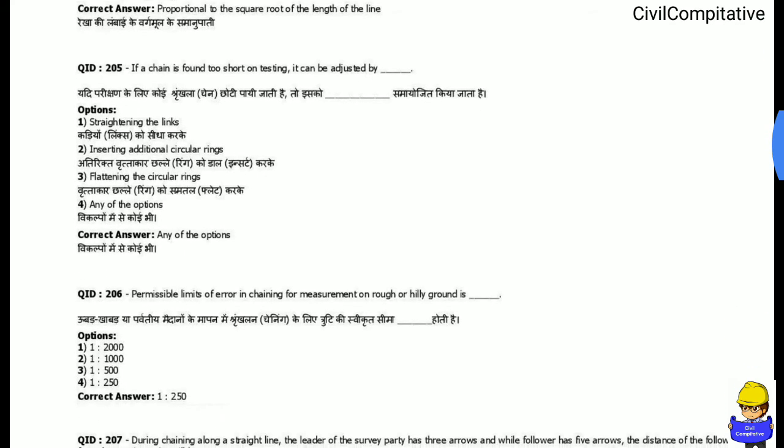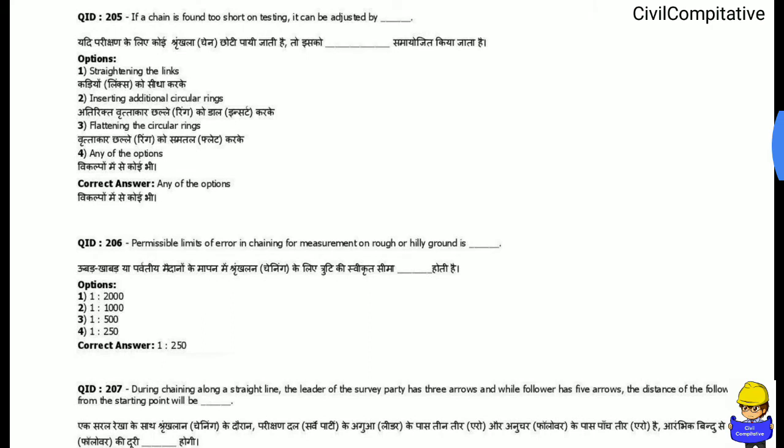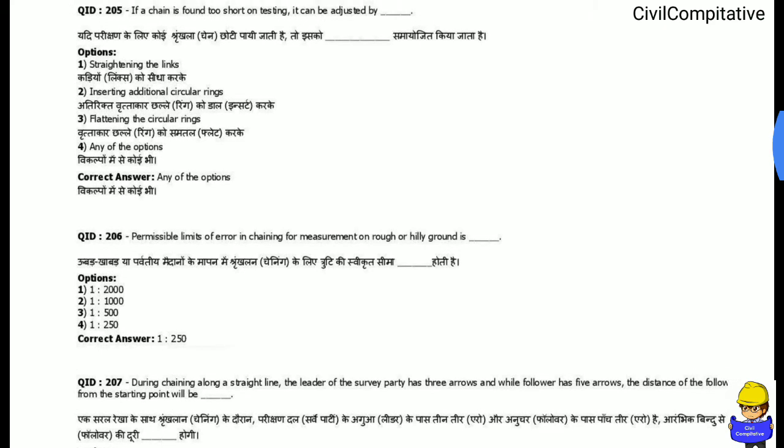The next question is: if a chain is found too short on testing, it can be adjusted by what? The options are straightening the links, inserting additional circular links, flattening the circular links, or any of the above. Straightening the links: if the link is bent, straightening it increases the length. Next is inserting additional circular rings.